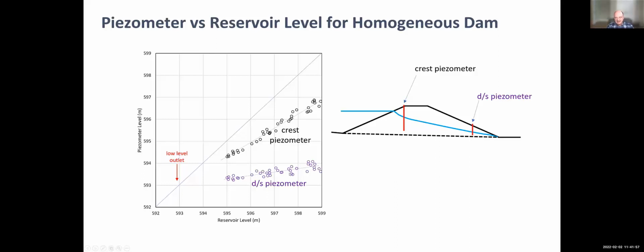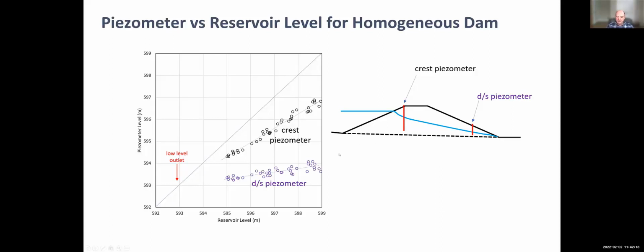The interesting thing is, if you project this trend line all the way out to here, and this one out to here, they're intersecting this one-to-one relationship at the level of the low-level outlet here. And that's also kind of expected for a homogeneous, so isotropic, dam.